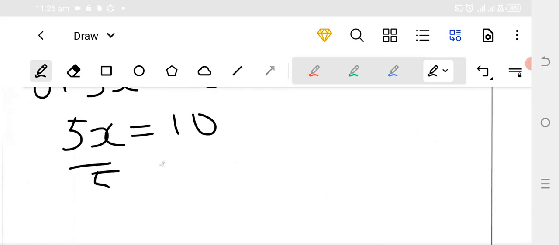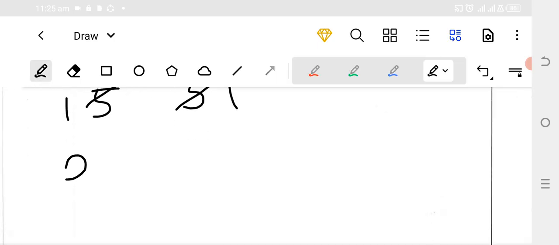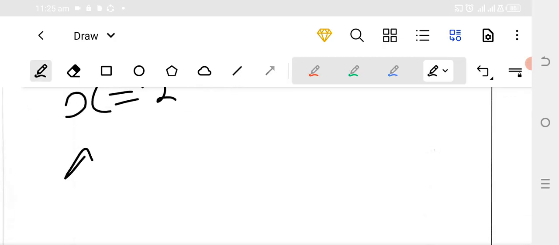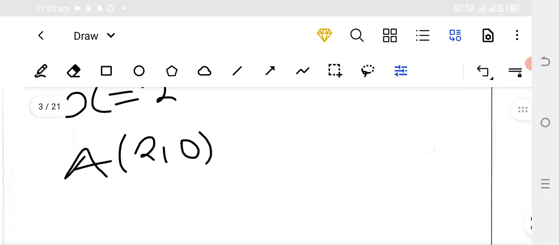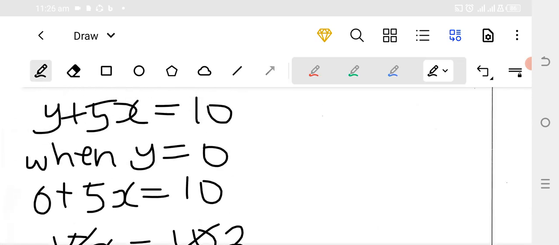We divide by 5 on both sides. 5 goes into itself 1, and into 10 it's twice. So x is equal to 2, and point A is (2, 0), because we said when y is equal to 0.